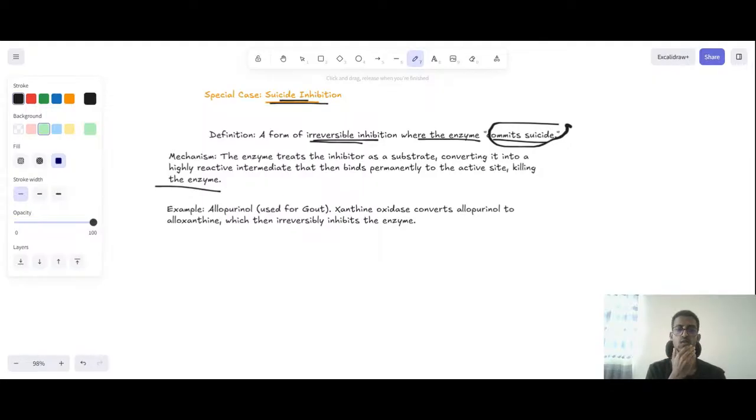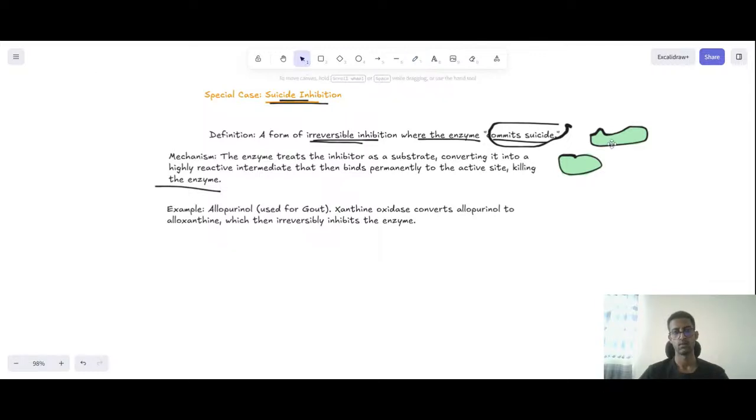converting it into a highly reactive intermediate that then binds permanently to active sites, killing the enzyme. What the hell? So the enzyme treats the inhibitor as a substrate. Okay, there is an inhibitor and the enzyme. So this is the enzyme, this is the inhibitor.